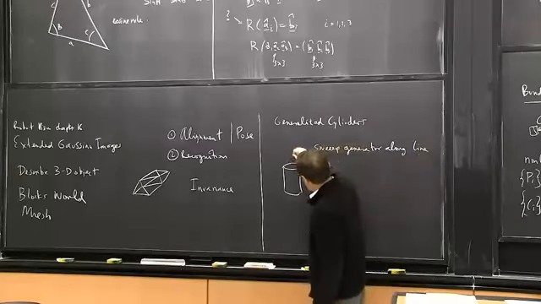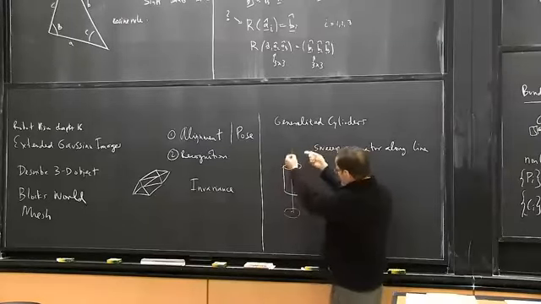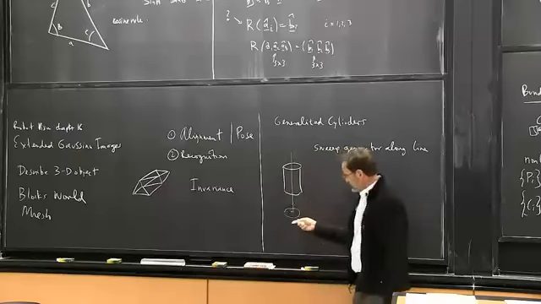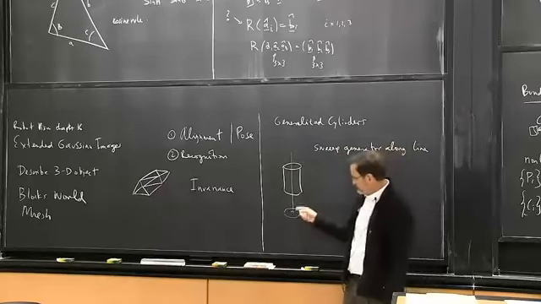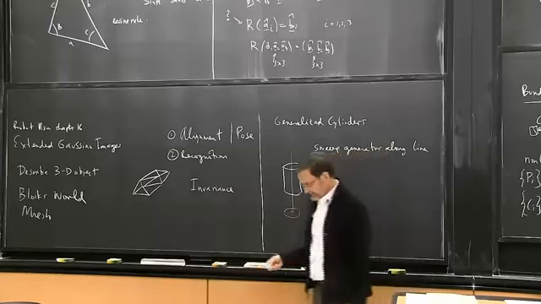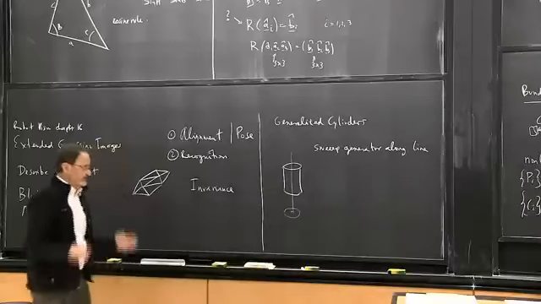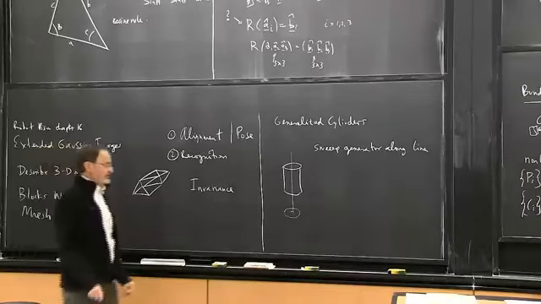So we can think of this object as created by taking a circle and moving it along a line, and perhaps even more constrained, that circle is perpendicular to the line, and so we generate that cylinder. So that's the most strict definition of a cylinder.